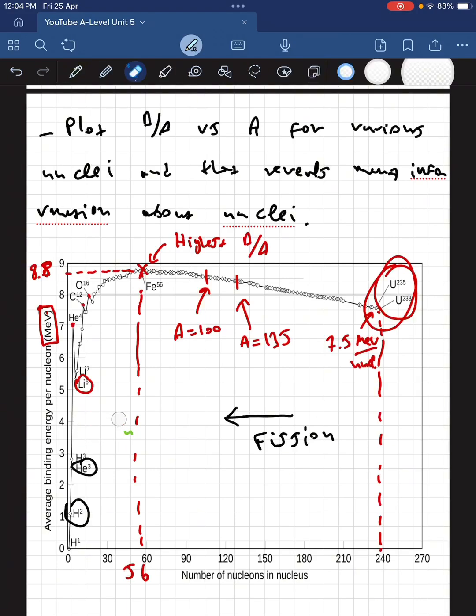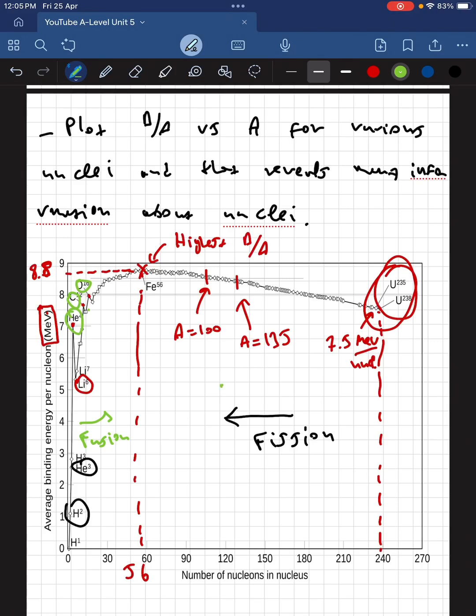So fusion, and the arrow points to the right because lighter nuclei want to fuse into heavier nuclei. If we fuse, for example, helium-4 and carbon-12, this guy and this guy, we will get oxygen-16, which is to the right of both of these nuclei and has a higher binding energy than both carbon-12 and helium-4.